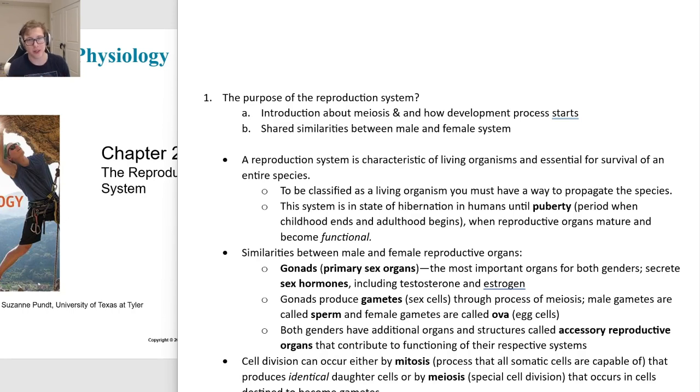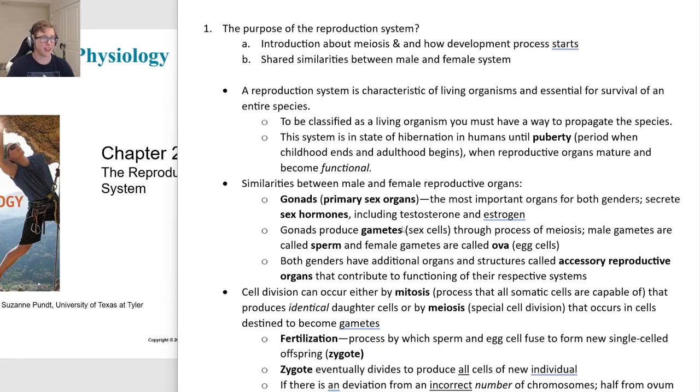You have to propagate the species. Now, this system is in a state of hibernation in humans until puberty. That's the real transitional period when childhood ends and adulthood begins, which is triggered by reproductive organs becoming mature, and you are sexually fecund, meaning that you can propagate the species, for lack of a better word.